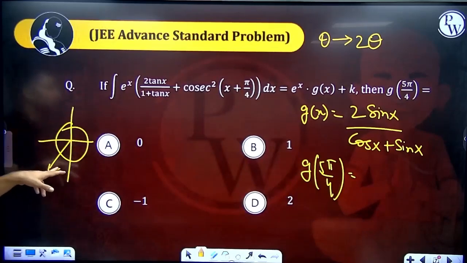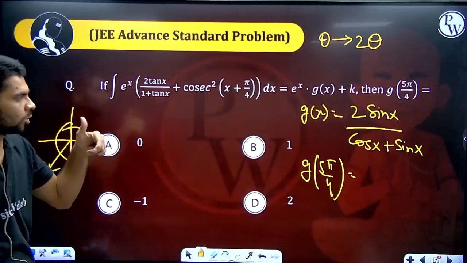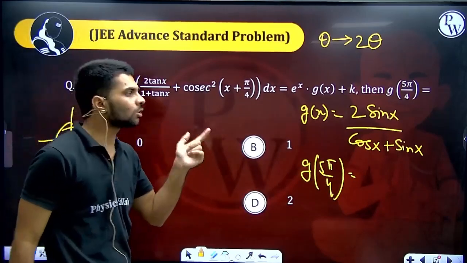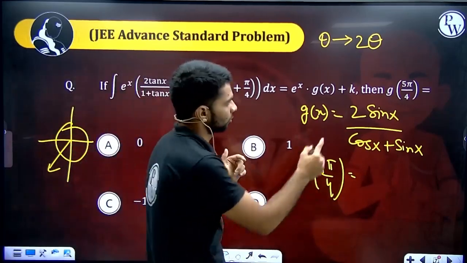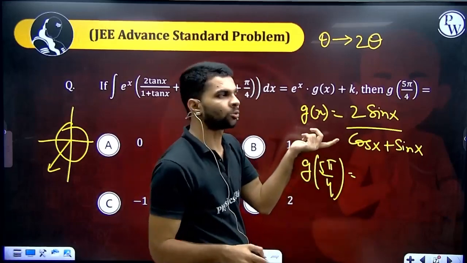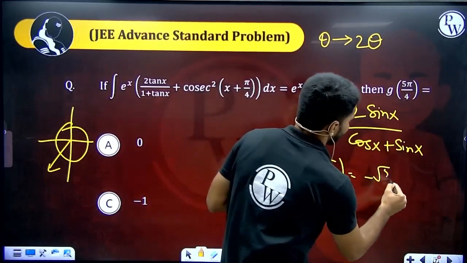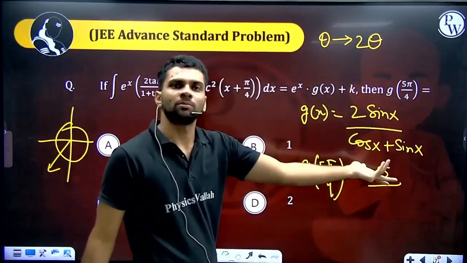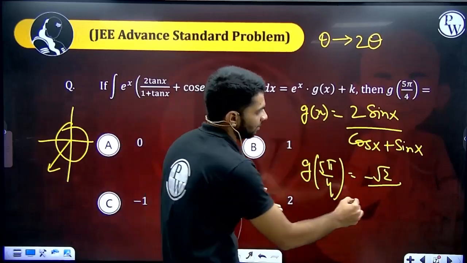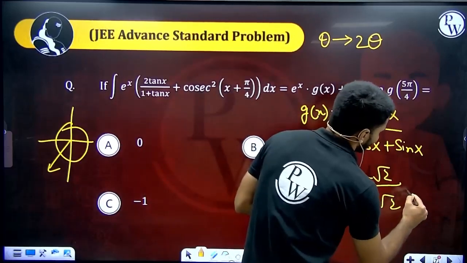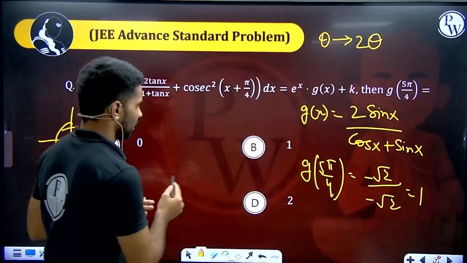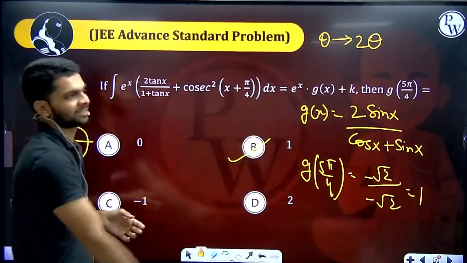So at 5 pi by 4, sin x is minus 1 upon root 2 and cos x is also minus 1 upon root 2. So 2 into minus 1 upon root 2 is minus root 2, and the denominator is minus 1 upon root 2 plus minus 1 upon root 2, again minus root 2. So it will be 1. Option number B is correct.